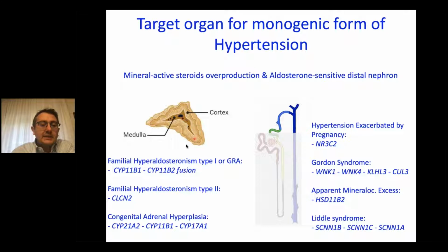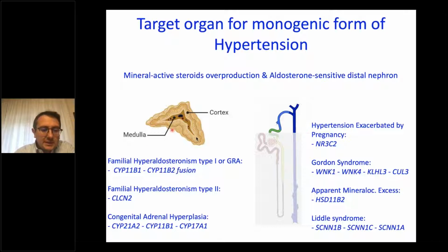This leads to the production of aberrant steroids with mineralocorticoid activity that are able to interact with this part of the nephron, and so determine mainly hypertension with hypokalemia and metabolic alkalosis.